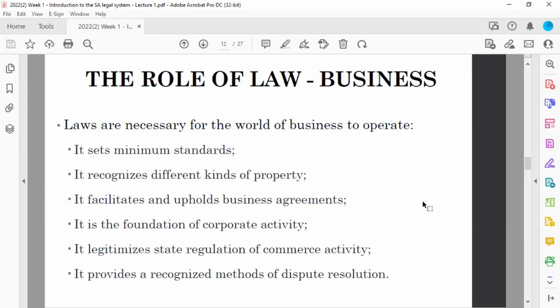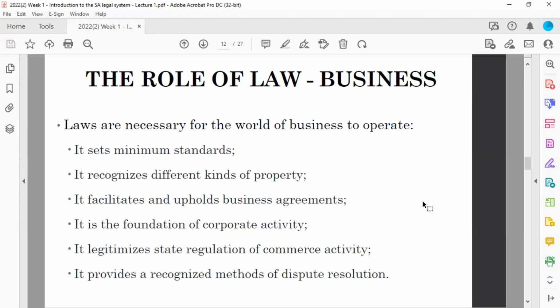Secondly, the law recognizes different kinds of property and regulates the protection and use of property. Basically, there are 3 kinds of property. The first one is fixed assets. A fixed asset is an asset like a farm, a factory, a house, a residential unit that cannot move, and it is fixed.